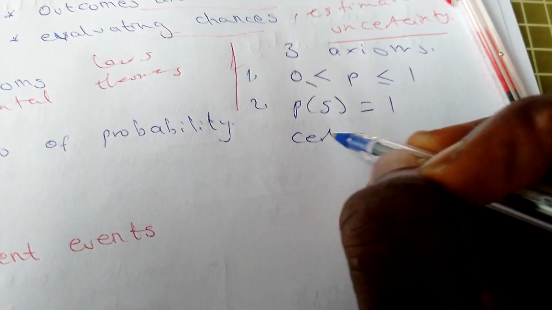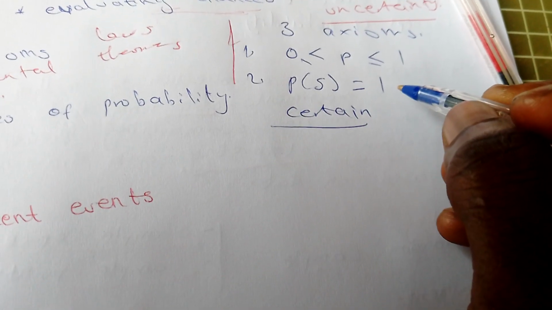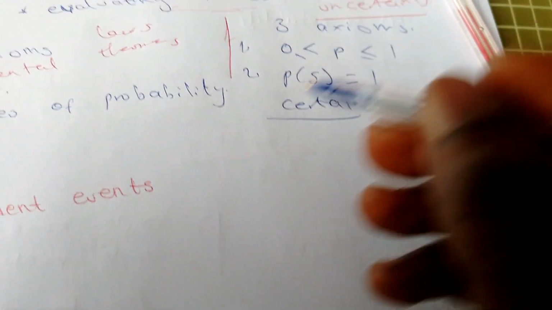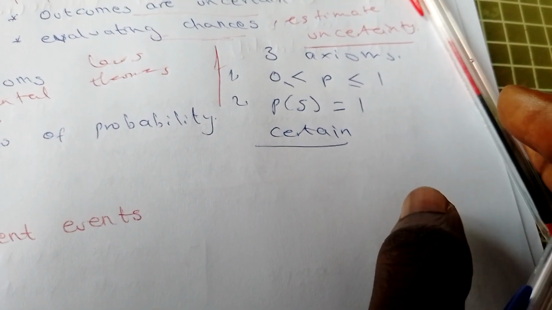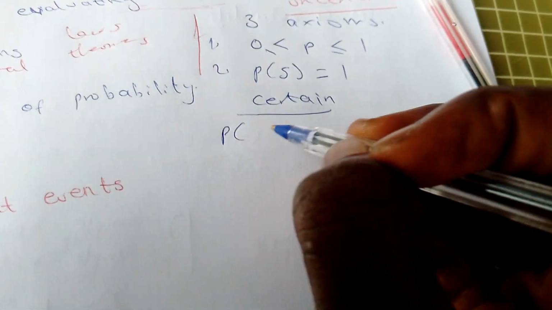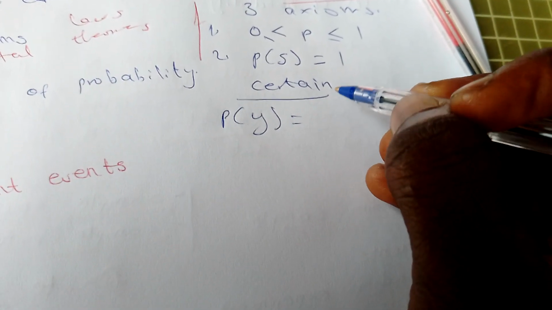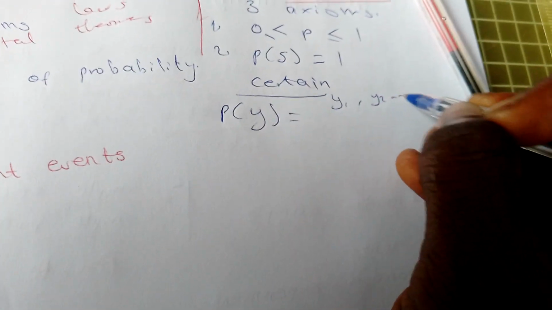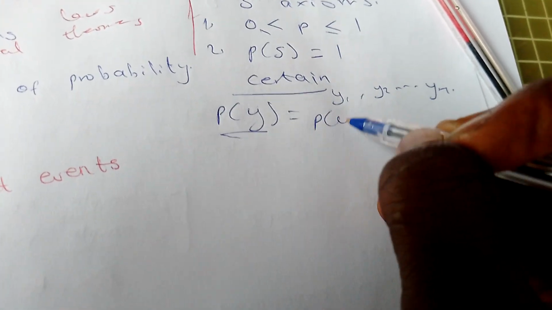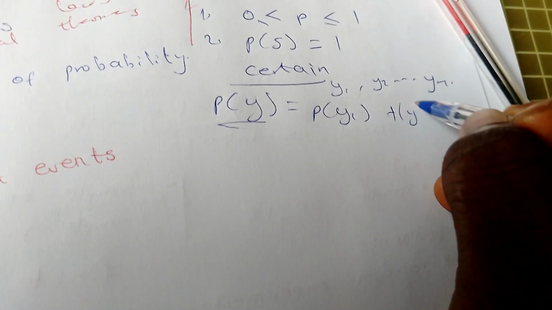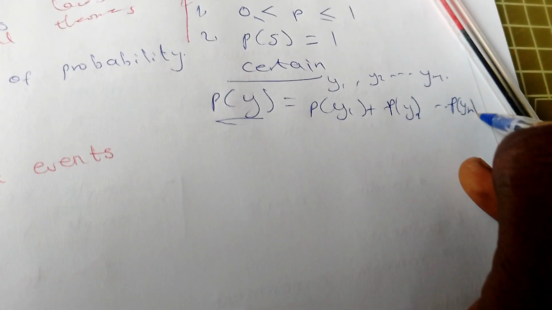And then you have another axiom that says that if the probability of something happening depends on individual probabilities, for instance, the probability of y depends on some other probabilities, like y1, y2 to yn, then the total probability of y happening is simply the sum of the probabilities, from probability of y1 to probability of yn.